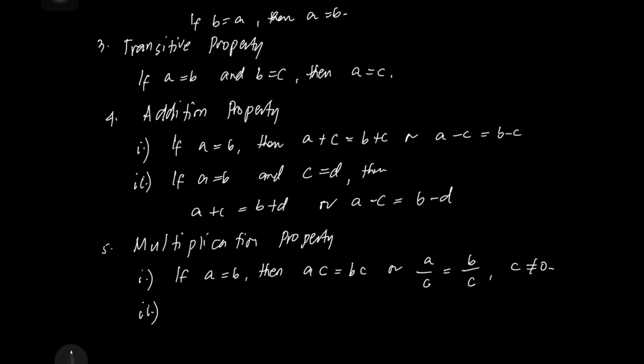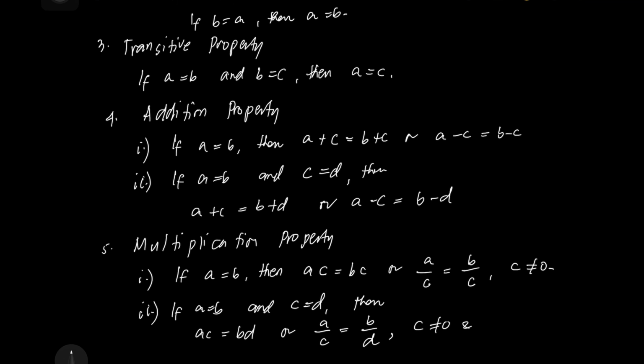Then the second case: if A is equal to B and C is equal to D, then A times C is equal to B times D, or A over C is equal to B over D, where C is not equal to 0 and D is not equal to 0.